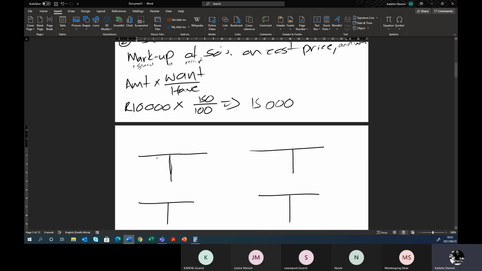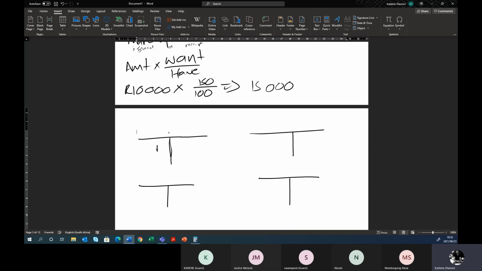If it was sold on credit, this would have been debtors control. So I have bank, which is an asset, so plus minus. I have sales, which is an income, so minus plus, owner's equity, income.